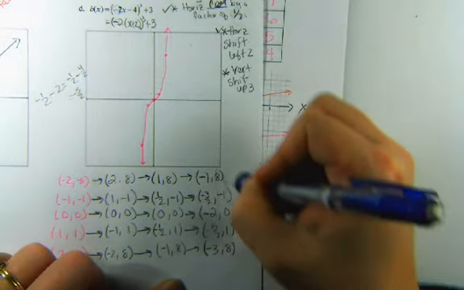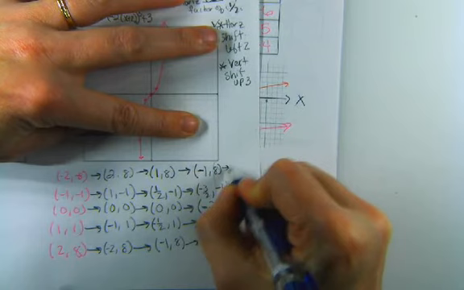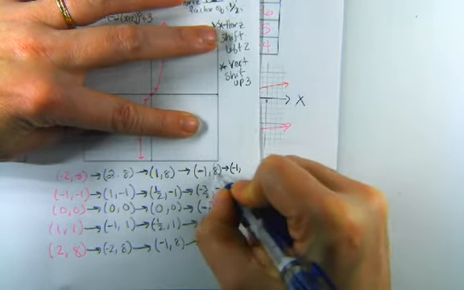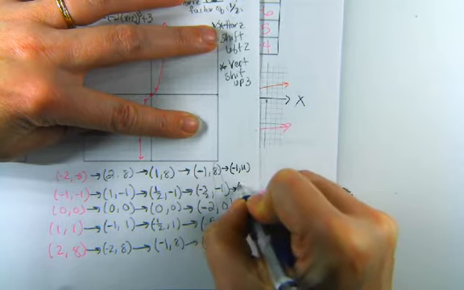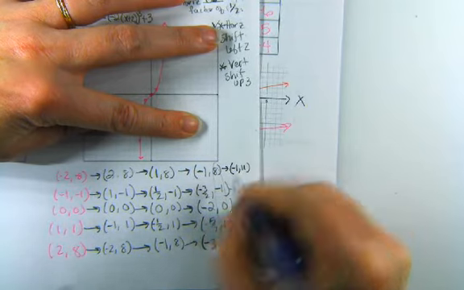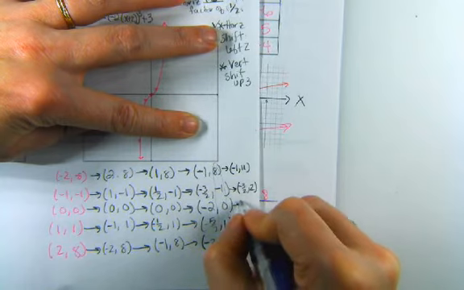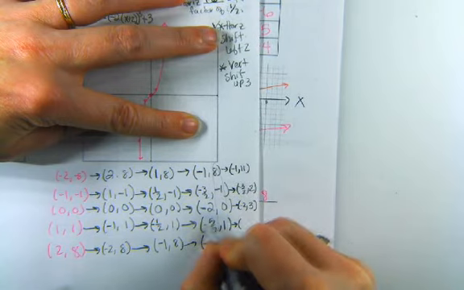Negative 3/2, negative 1 plus 3 is 2. Negative 2, 0 plus 3 is 3. Negative 5/2 stays, not touching it, but I'm adding 3 to 1 to get 4. Negative 3 stays, I'm adding 3 to 8 to get 11.